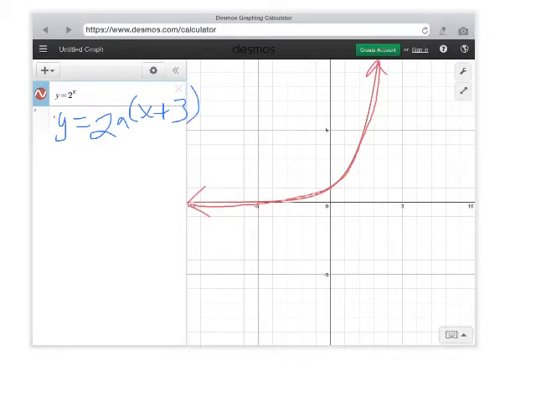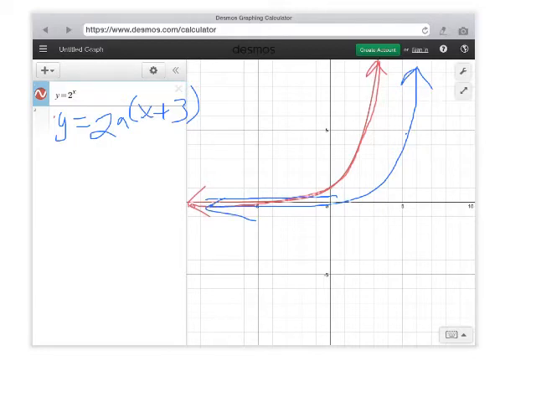So it'd be 2 to the power of x plus 3. And it's a weird thing because if you notice, it is the same shape, but it's 3 units away from this other one. I'm just going to guess on this because I don't have the actual. Actually, my mistake. It's not 3 units, it's 3 units the opposite way. See, I couldn't draw it. Let me press undo.